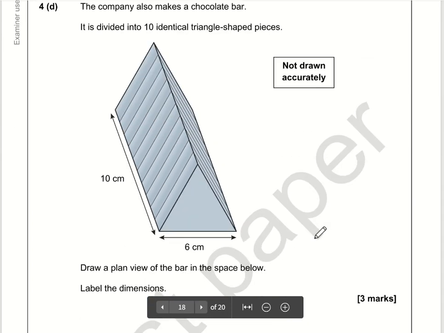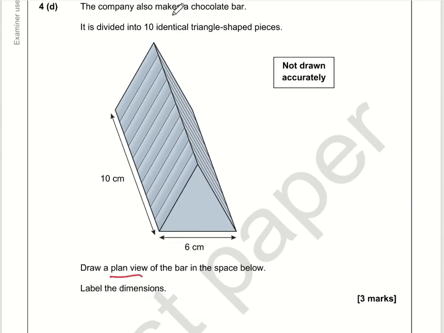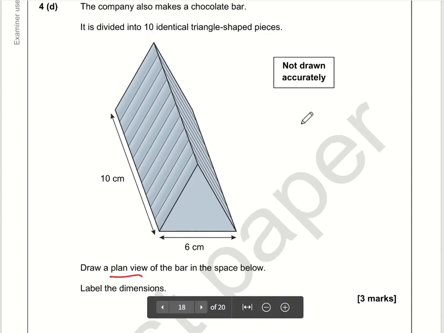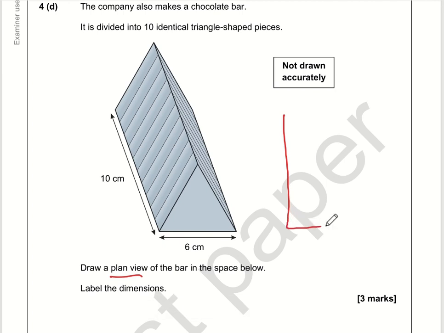Part D, we are interested in the plan view, so that is the view from above. If we're looking at this triangular prism from above, then all we will see is a rectangle. In fact, let me just draw it to the side here. So there we go, that is what we will see, and this edge here we will see as a straight line, and we will also see all these lines here, which will be going horizontal.